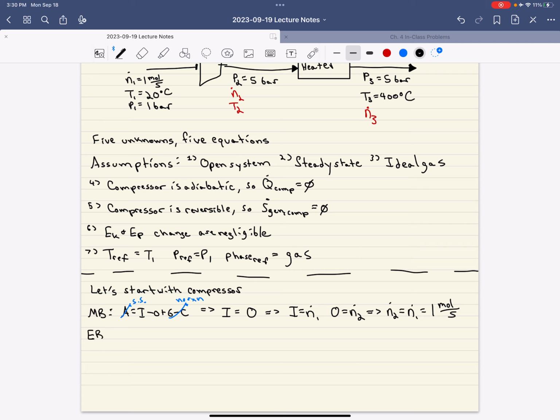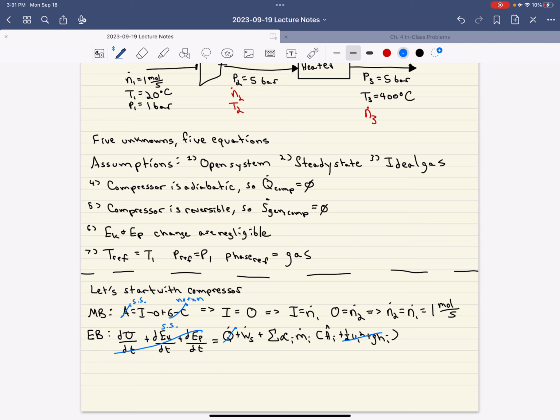Let's now move to the energy balance. We're dealing with an open system, so we'll use the open system form of the energy balance, with energy terms due to the streams going in and out. We're not going to worry about kinetic energy, and because we're at steady state, nothing is a function of time.